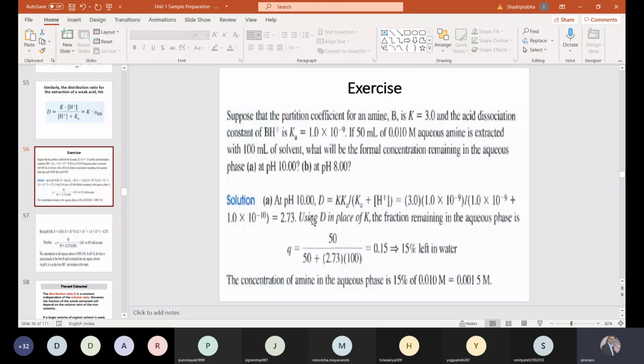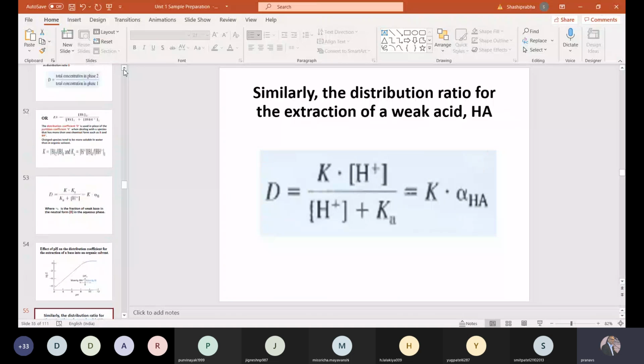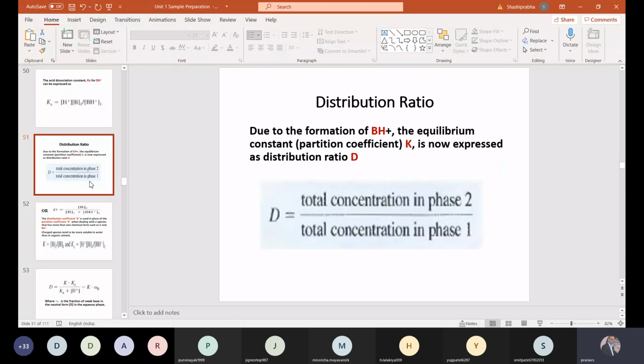So the partition coefficient is mainly concerned with a species in its neutral form, and the distribution ratio takes into account the concentrations of that particular species in both phases in either acidic or alkaline medium, which is actually the case with real samples.